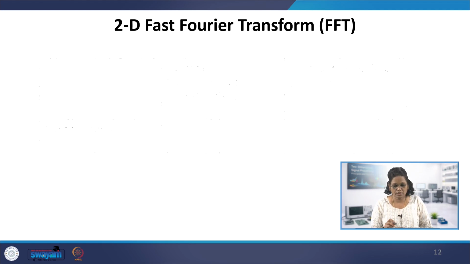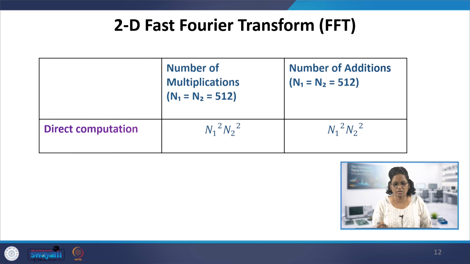Now let's compare the computational complexity of the 2D FFT. For direct computation of 2D DFT, n1 and n2 can be 5 and 12 or any numbers, and it is n1 n2 square.